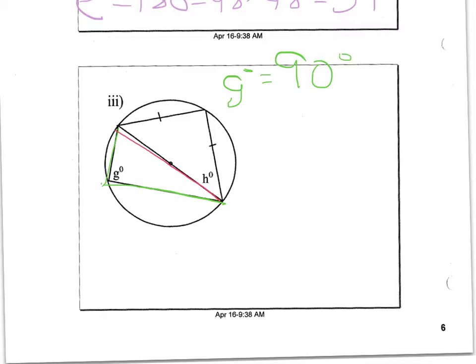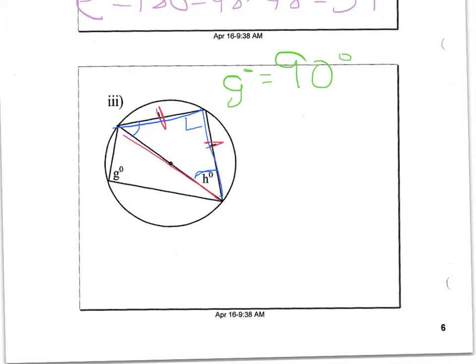Now to find H. First off, these two lines mean this is an isosceles triangle. So those two lengths are the same, and the angles here and here also have to be the same. So using all of that, use that to find H. To start with, you have an angle on the edge of the circle opposite a diameter, so it'll be 90 degrees.